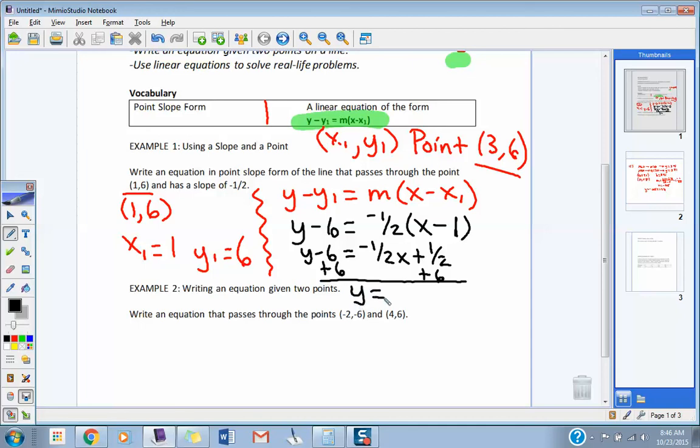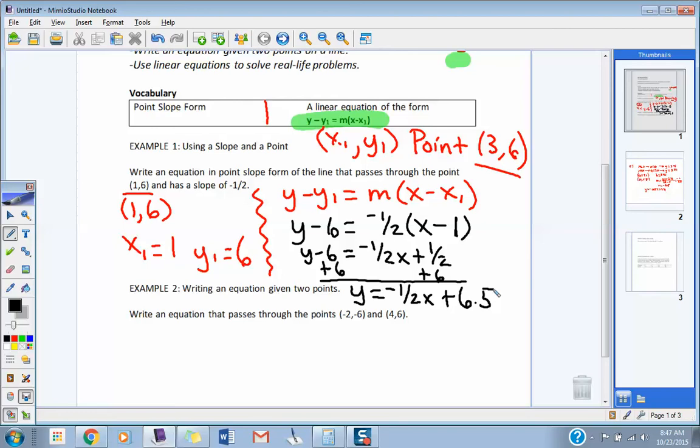Okay, you're going to have a negative 1/2 x. What's 6 plus a half going to be? 6.5. Oh my goodness. Isn't that what we set out to go after when we saw this graphically? Works, doesn't it? The only thing you need to know for this is a slope and a point.